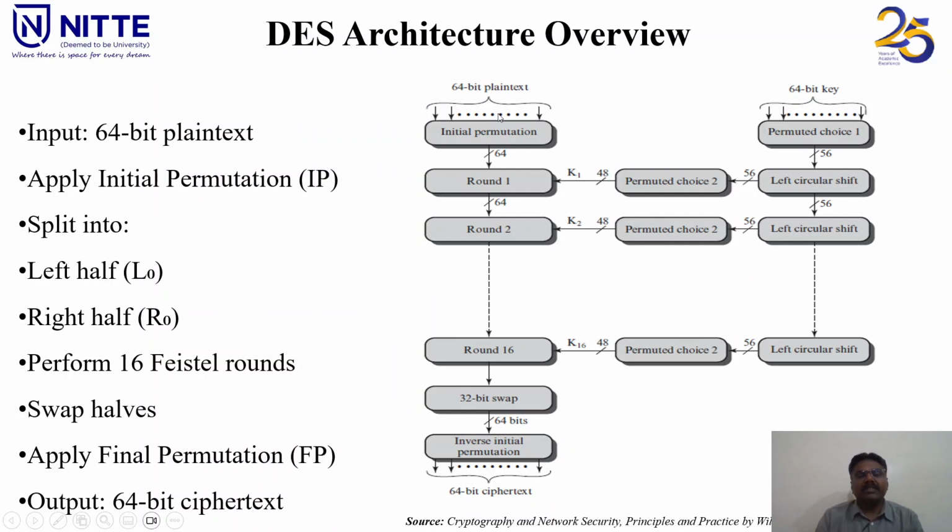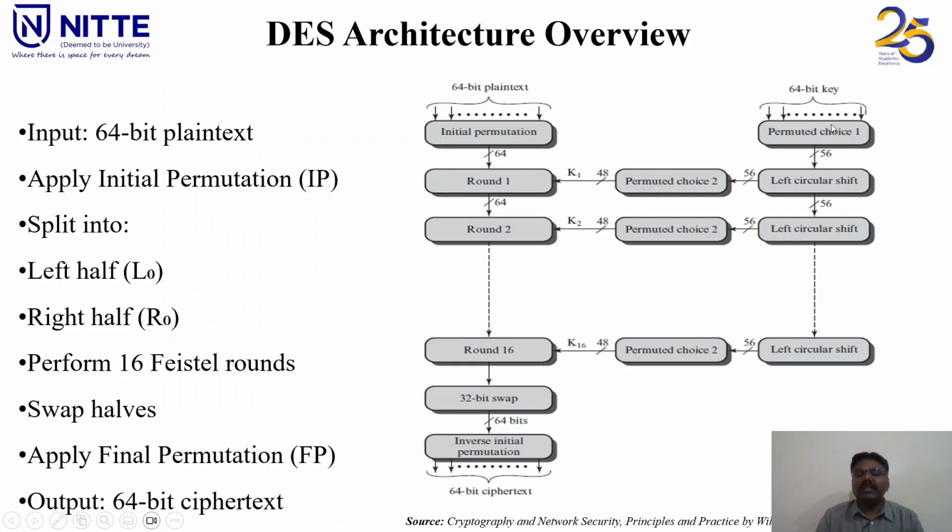At the very first step, the 64-bit plain text goes through the initial permutation, which is nothing but rearranging the bits of the given plain text. Once we are done with step 1, the initial permutation, those bits will be given as input to the very first round.